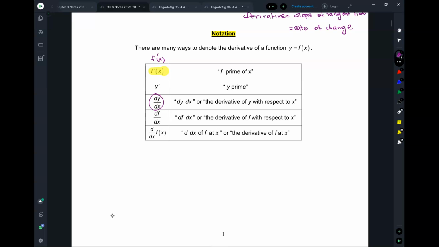So what exactly is dy dx? Remember, our function can be written as y equals something. dy dx is taking d dx of that. So you have the y, d dx on its own is its own thing, and then together it makes dy dx.